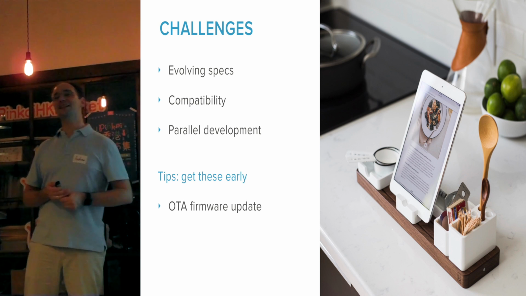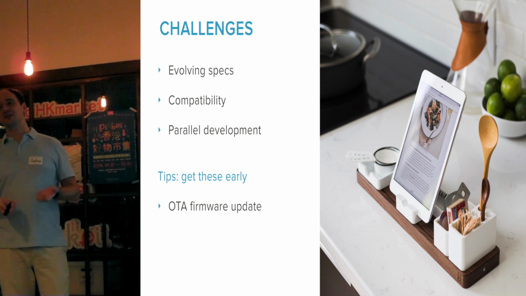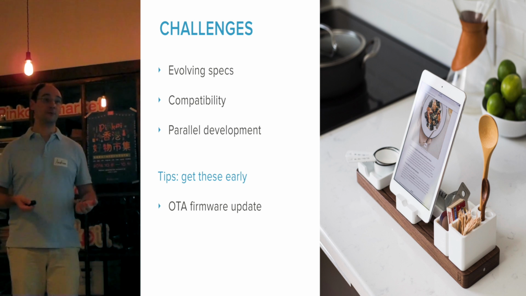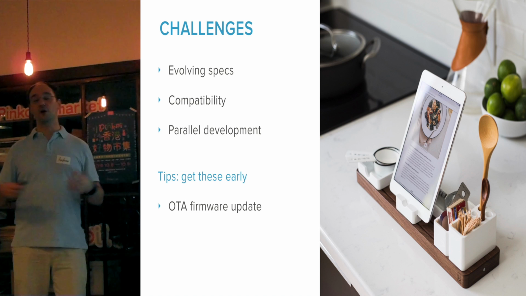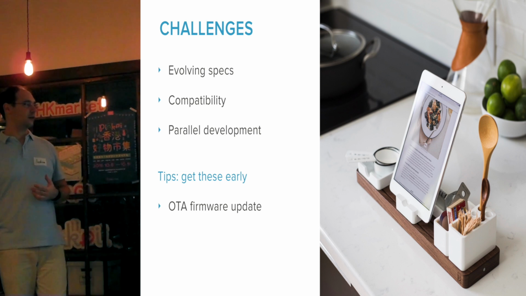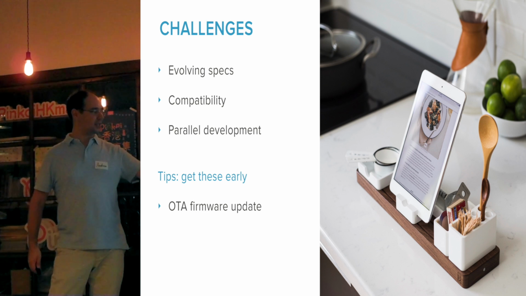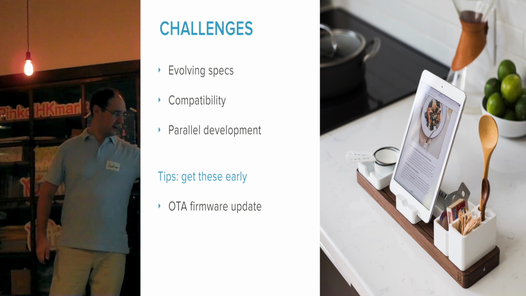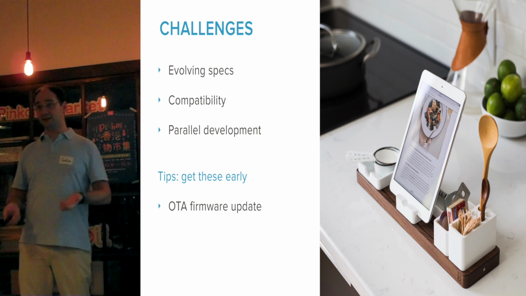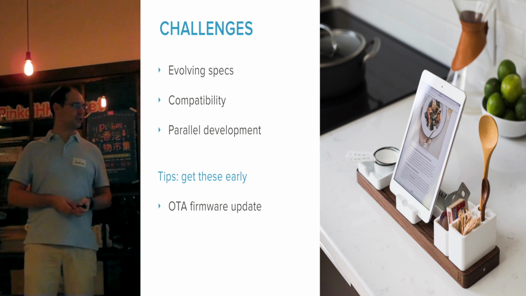A couple of very simple tips. When you start to work on the mobile app for the hardware, ask the firmware and hardware team to set up over-the-air firmware update from the very start. It's a very simple thing, basically.